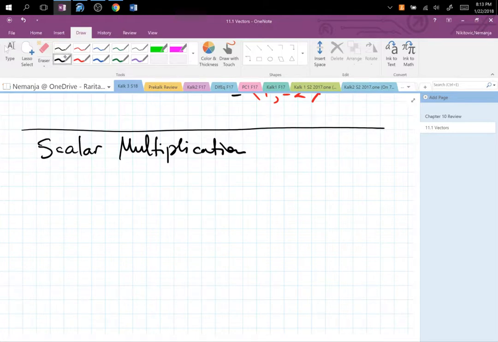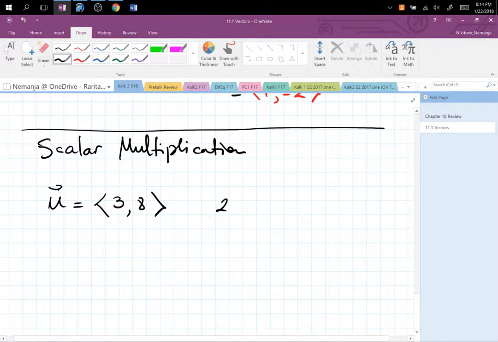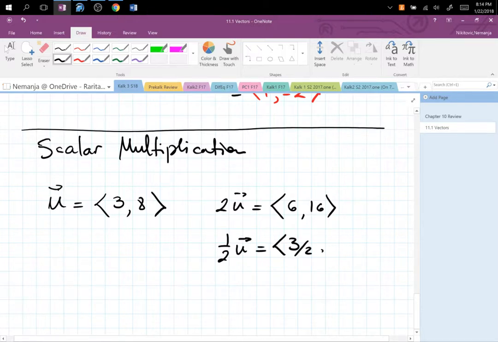So now, if I have vector u to be, let's say, 3, 8, then 2u will be 6, 16, and half a u will be 3 halves and 4. That's a terrible way to write a fraction.